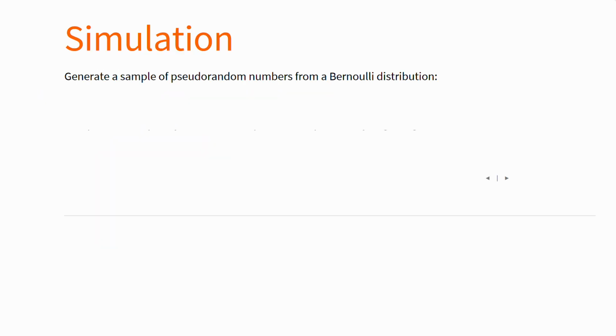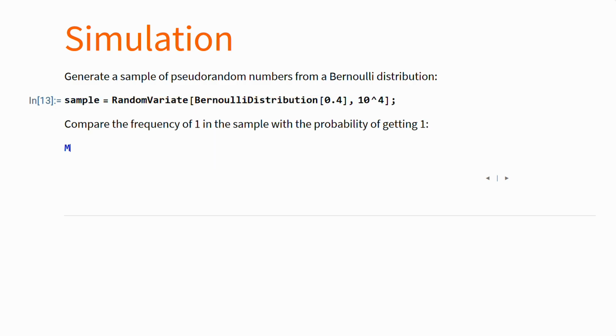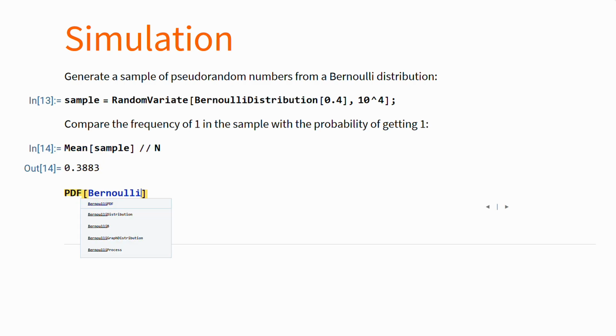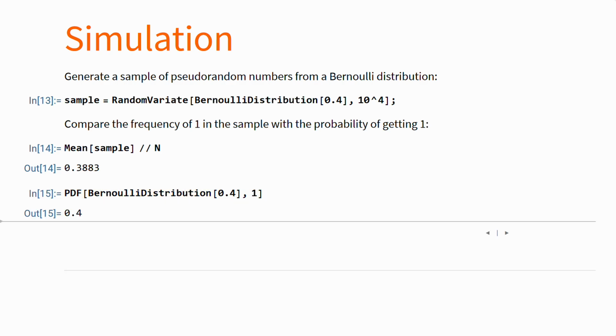Of course, you can simulate a Bernoulli distribution. Use random variates on the distribution of your choice and the number of samples. Using the mean function, you can compare the mean of your sample to the probability of success to check for accuracy. If you have binary data, you may also want to estimate a Bernoulli distribution.